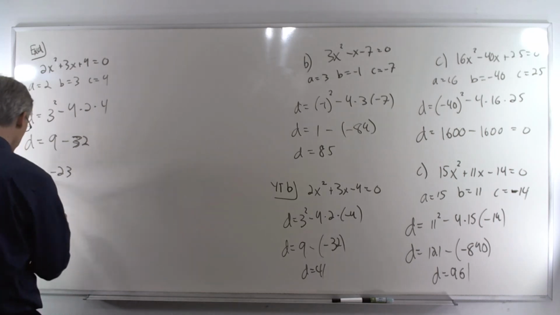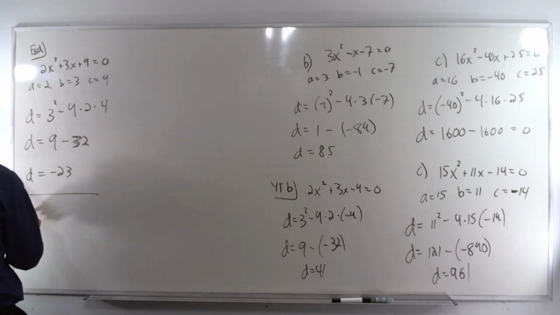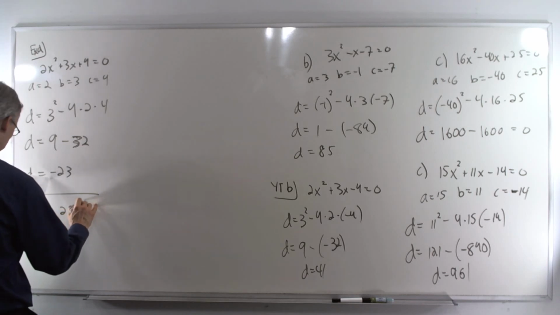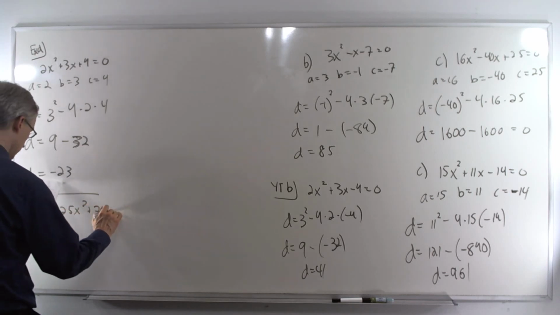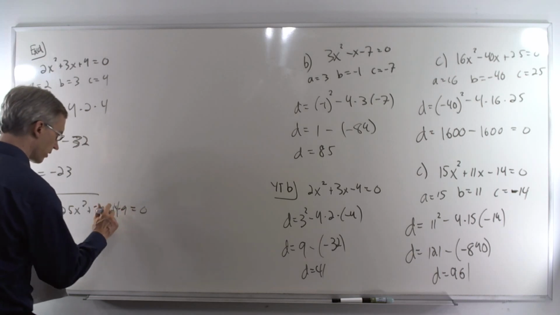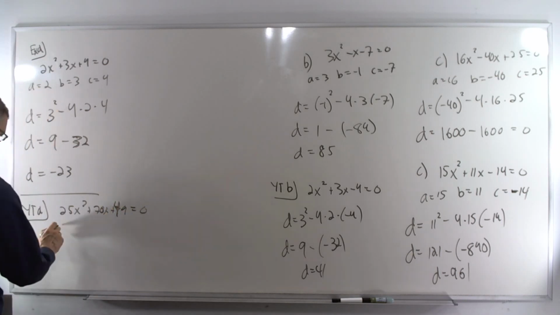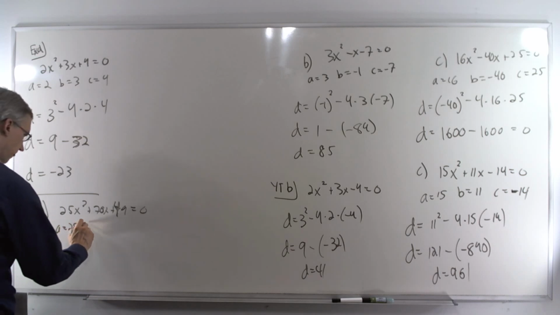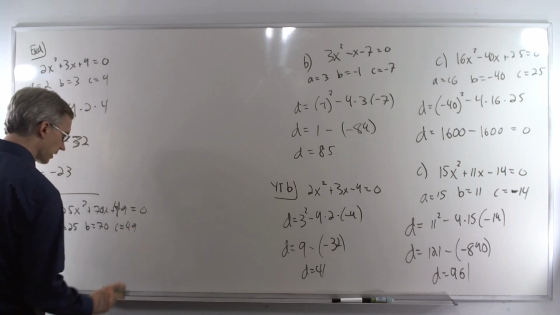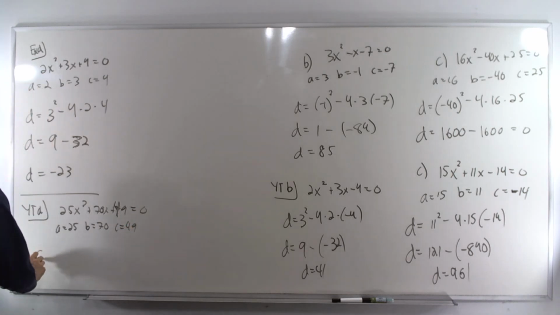All right, your turn, part D. 25x squared plus 70x plus 49 equals 0. So A is 25, B is 70, and C is 49. All right, discriminant.